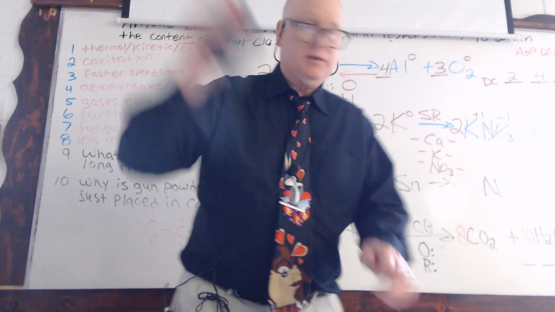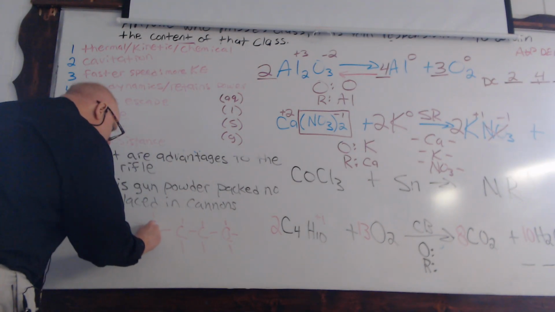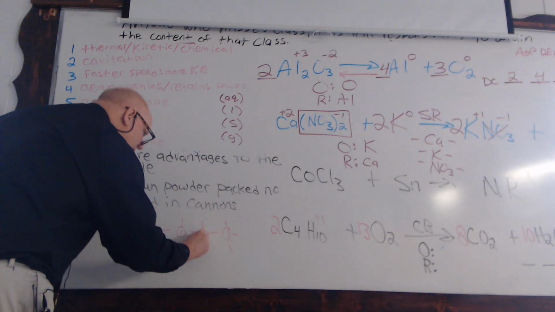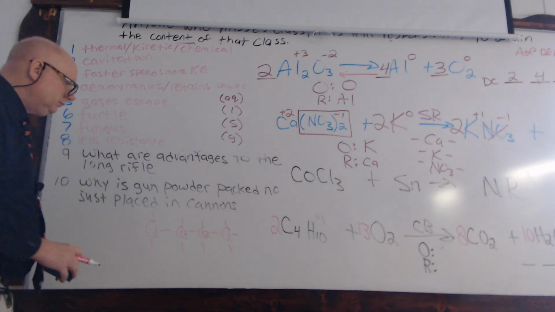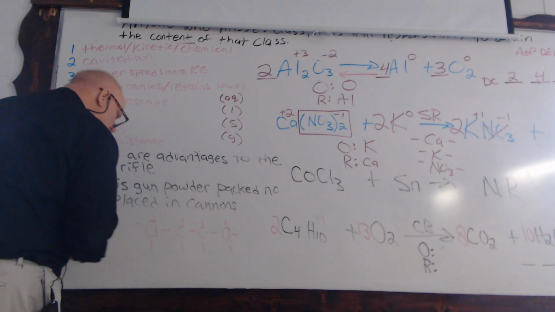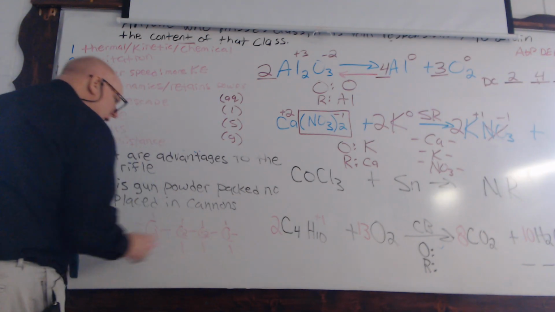Carbon -3, carbon -2, carbon -2, carbon -3. I did that wrong. The numbers are correct. -3, -2, -2, -3. There we go.